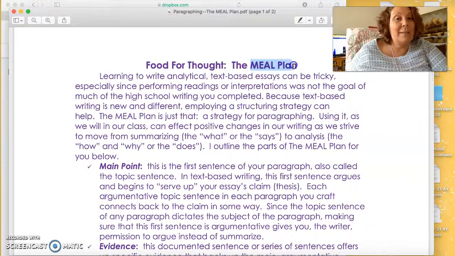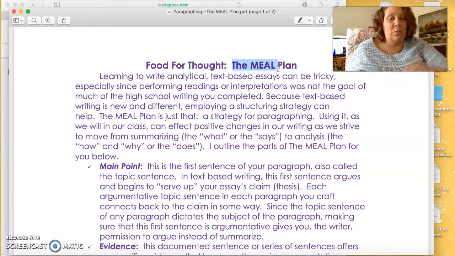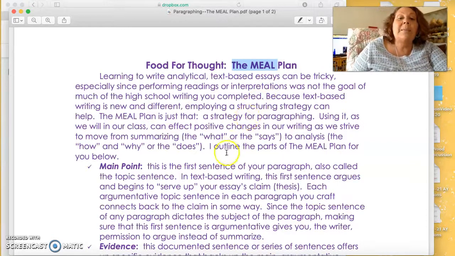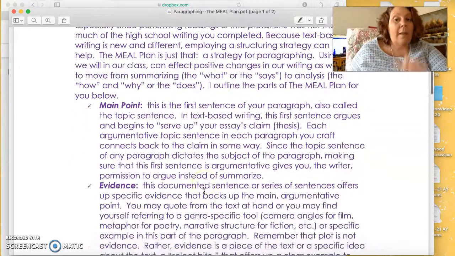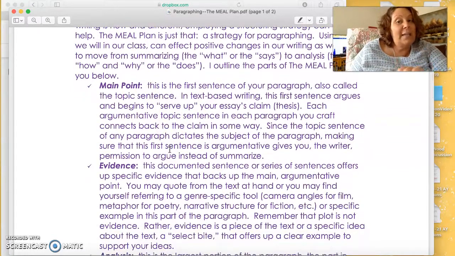They can remember it. Everybody knows that meal plans are all the rage in college. You're always being asked, or hounded rather, to buy one, right? But the meal plan here, MEAL, stands for M, the main point, and I say here, it's also the topic sentence. What's interesting is that if we're thinking about a paper, the main point is the thesis.